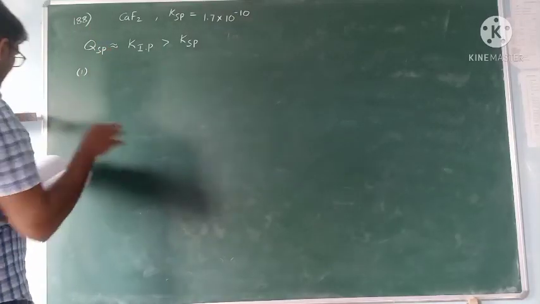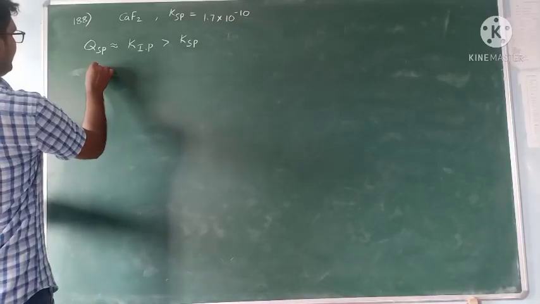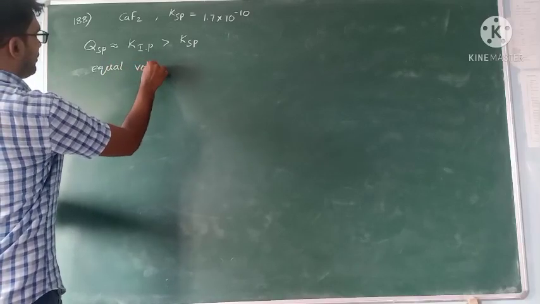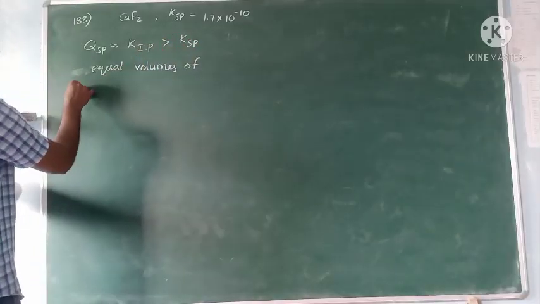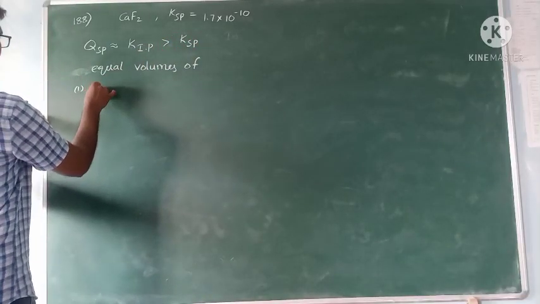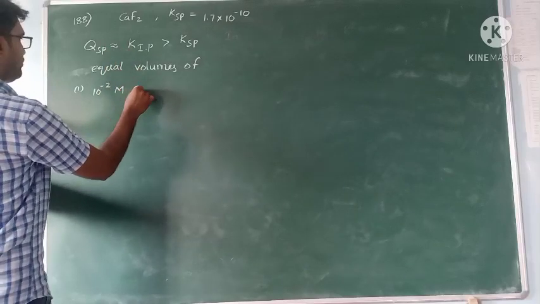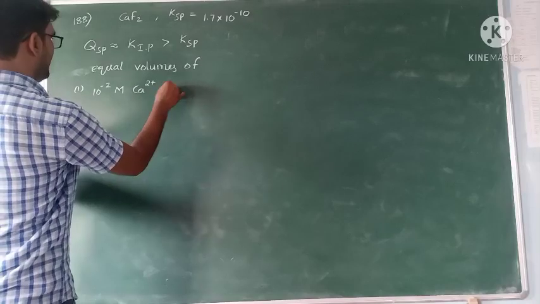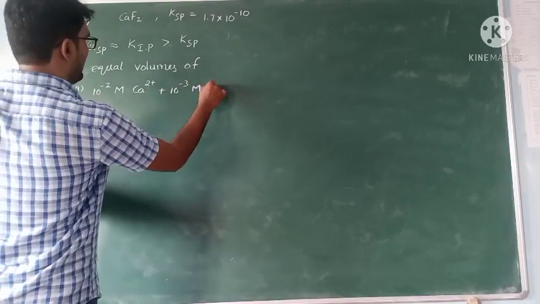First option, and the condition is equal volumes of 10 to the power of minus 2 molarity Ca2 plus and 10 to the power of minus 3 molarity F minus.